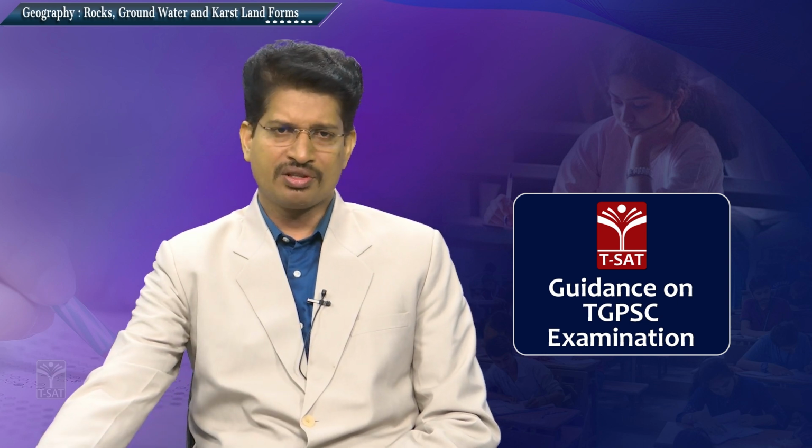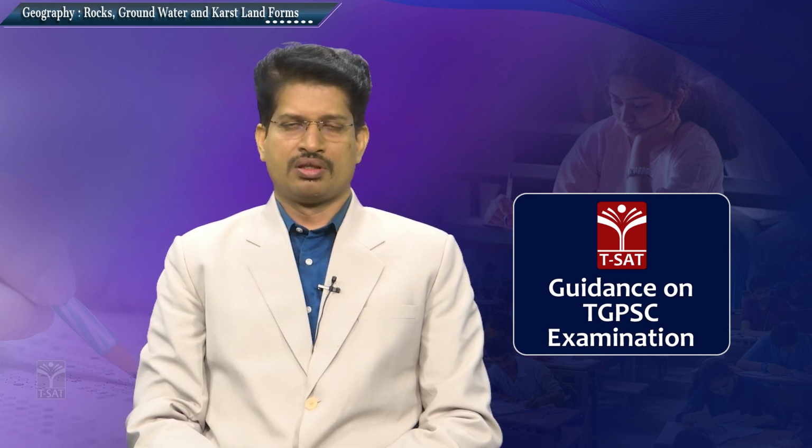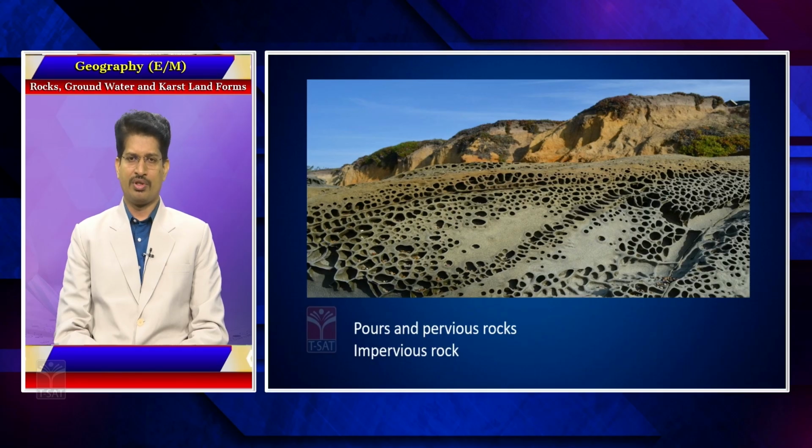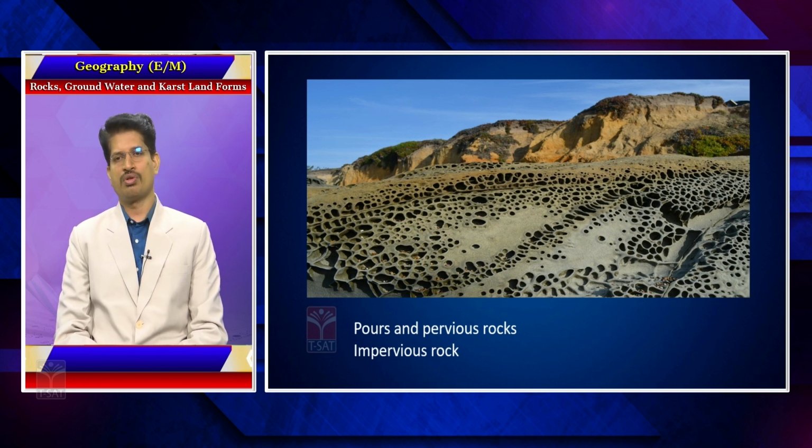After understanding this, see the projected image. You are able to observe certain pore spaces. These pores, fractures, and the interconnection of these pores and fractures are essential. Then only the possibility of formation of a water table can exist.